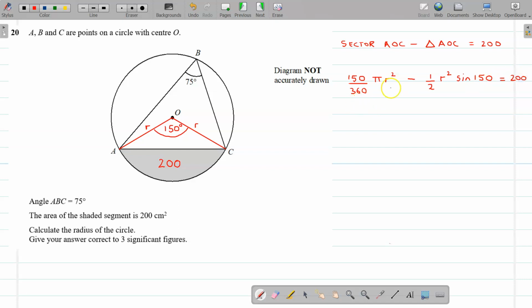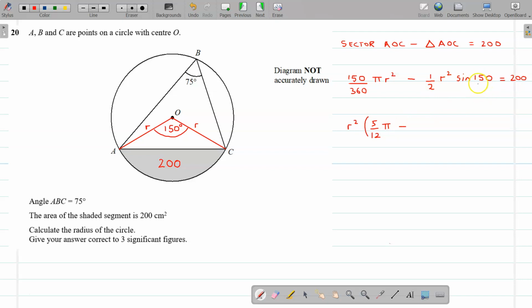Now we can factorize out r squared. So r squared, okay, is common to both of these terms. So r squared, and then we've got 150 over 360. I'm just going to simplify that. They both divide by 30 to give me 5/12. So 5/12 of pi minus, and then I've got a half of the sine of 150.